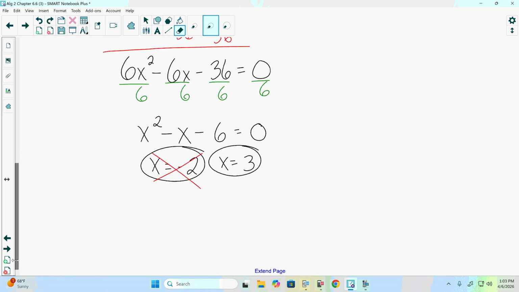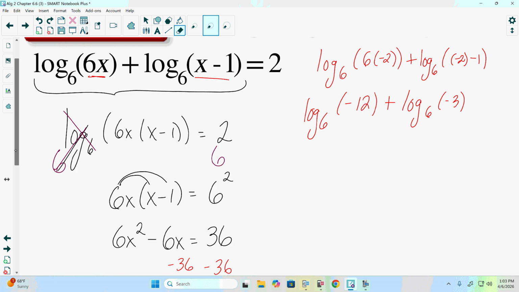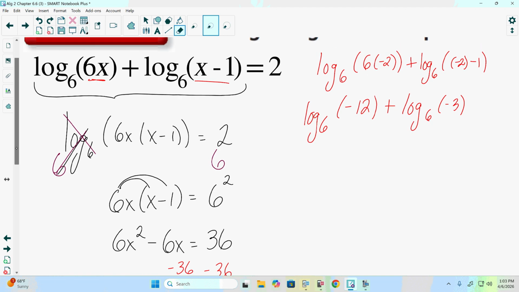Now we can do the same thing with 3. All these values are going to change. 6 times 3 is 18. 3 minus 1 is 2.